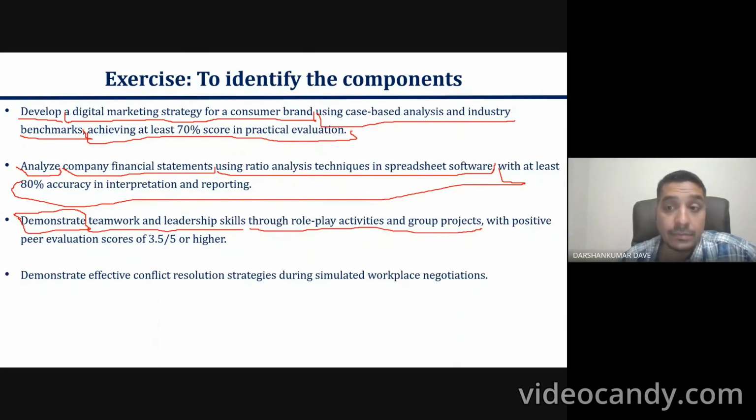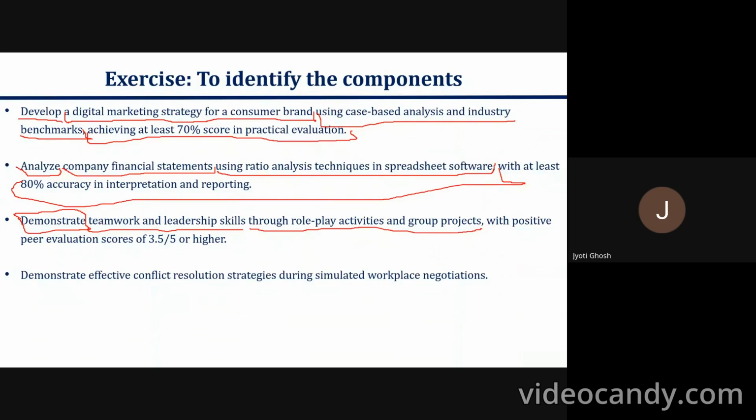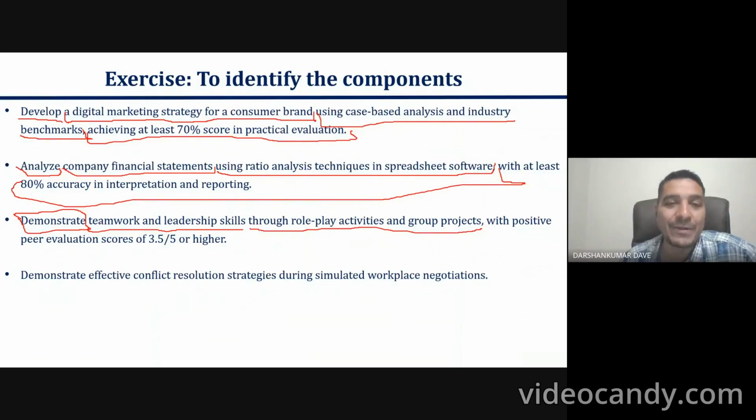What about the positive peer evaluation? That is what I'm going to talk about next. So here, if you have seen, the criterion of success is a little bit different. It is written in a different way than the previous two. In the previous one, achieving at least 70% score in practical evaluation is told.